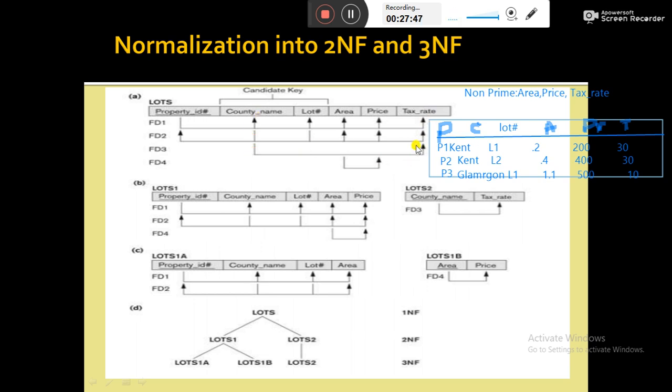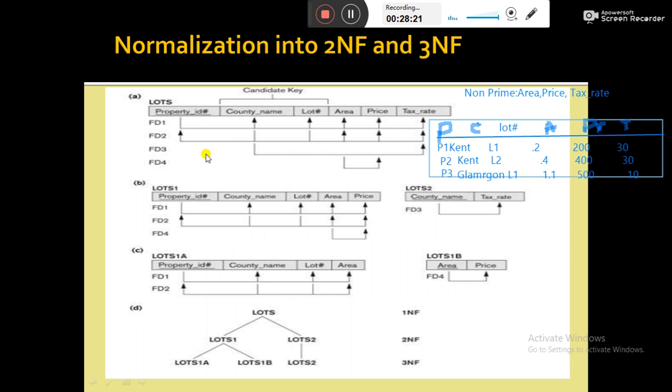That means due to FD3, tax rate is functionally dependent on only county name. Tax rate is not dependent on both. So due to FD3, we can say that the relation violates 2NF. Again, due to FD3, tax rate is functionally dependent on only county name, not fully dependent on both county name and lot number.